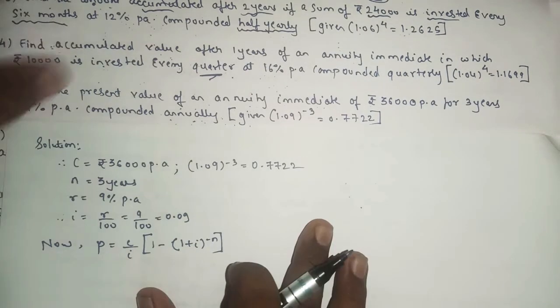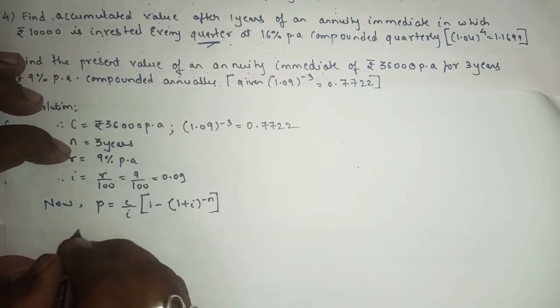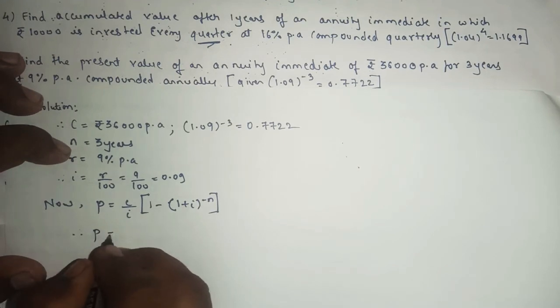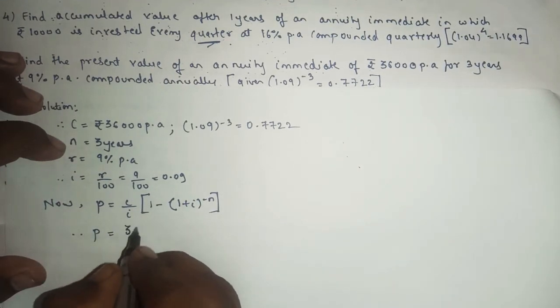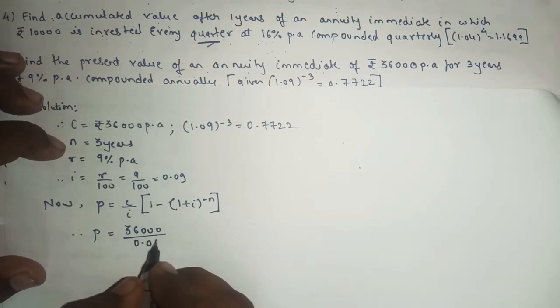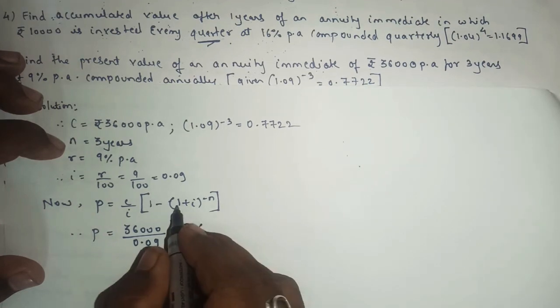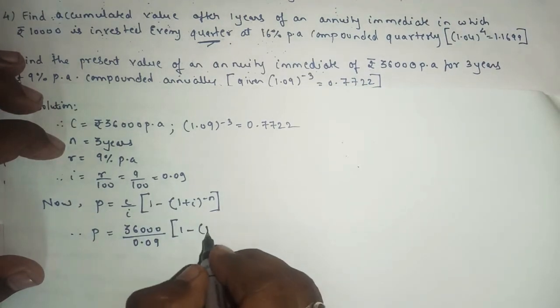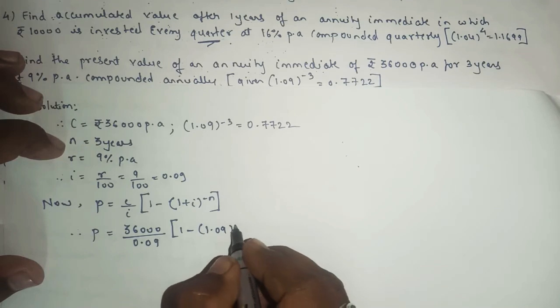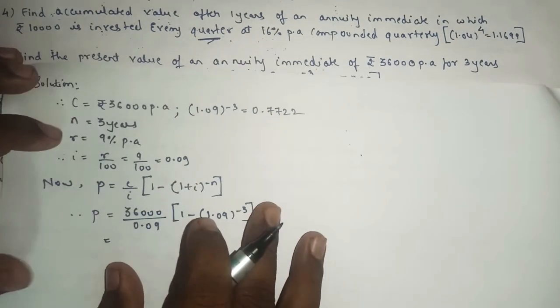Okay, so after this simply substitute the values, as here we have to find the value of P. C is 36,000 upon the value of I, 0.09, into 1 minus (1 plus I), so 1 plus I will be 1.09 raised to the value of n, which is 3.